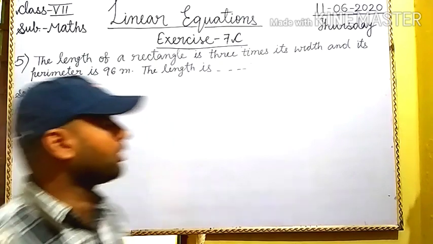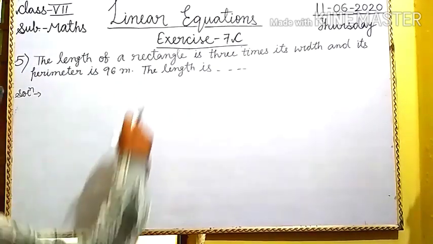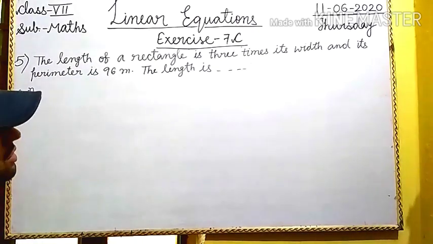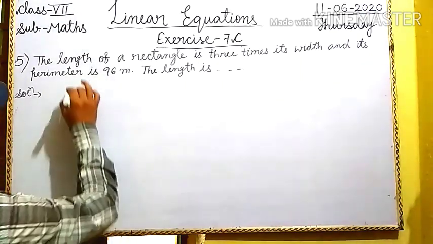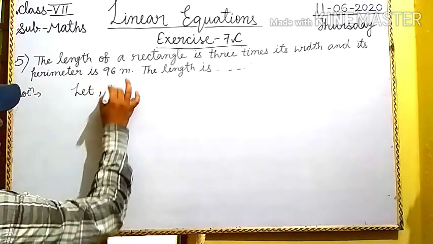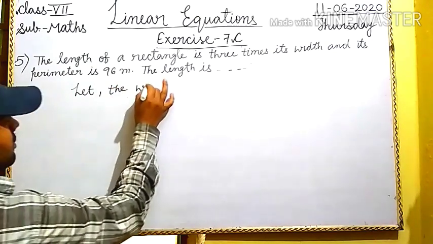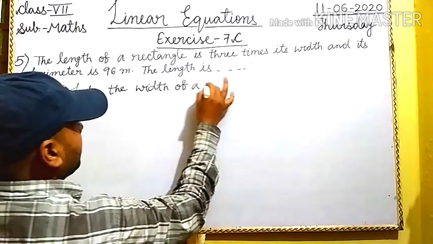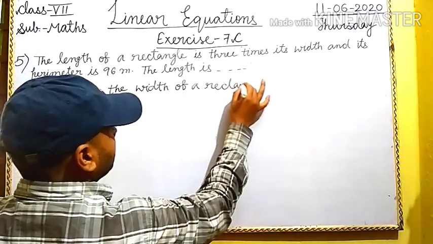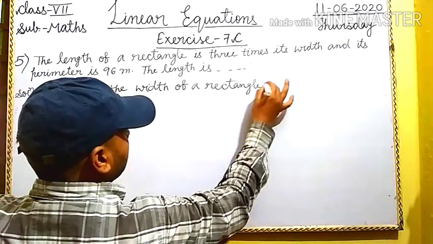In question number 5, the length of a rectangle is 3 times its width and its perimeter is 96 meters. First we let the width of the rectangle be x.